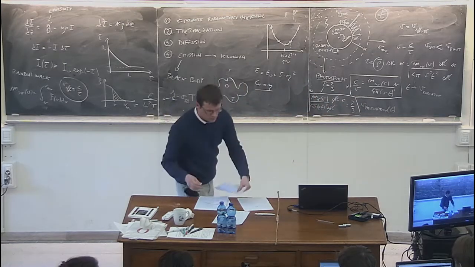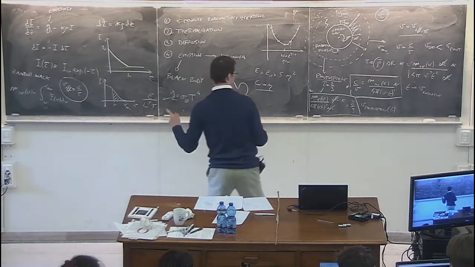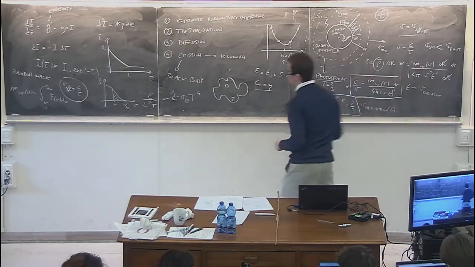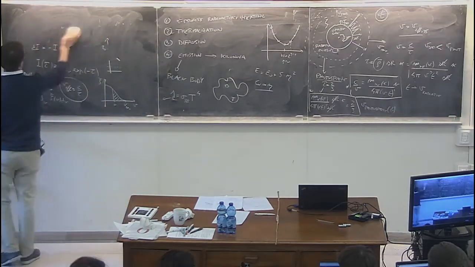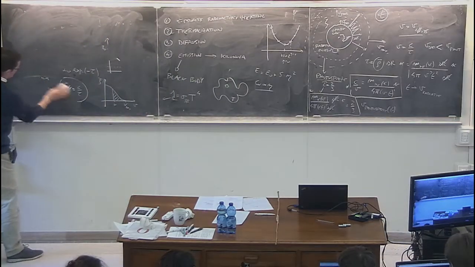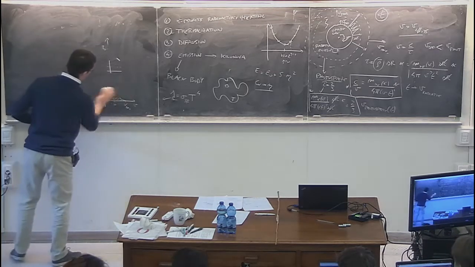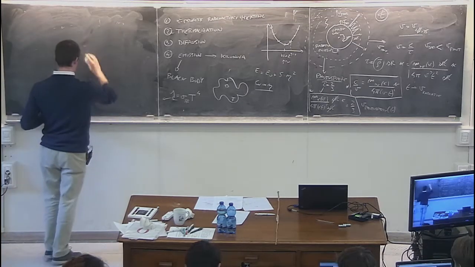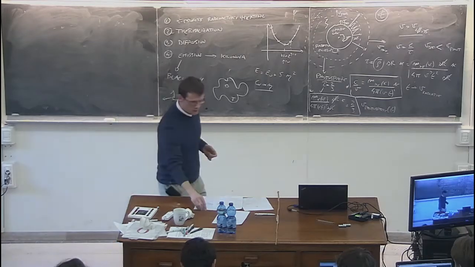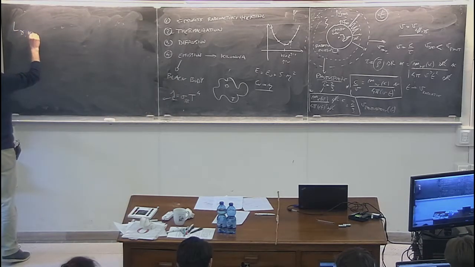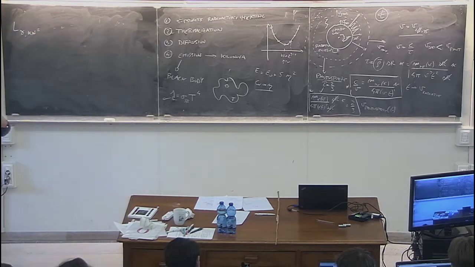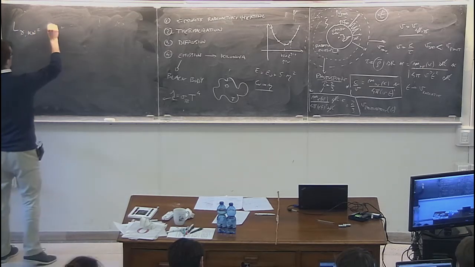Now, we are almost at the end. How do we know how much luminosity is powering our kilonova? The luminosity that comes into photons for the kilonova is nothing but the nuclear energy at time t.